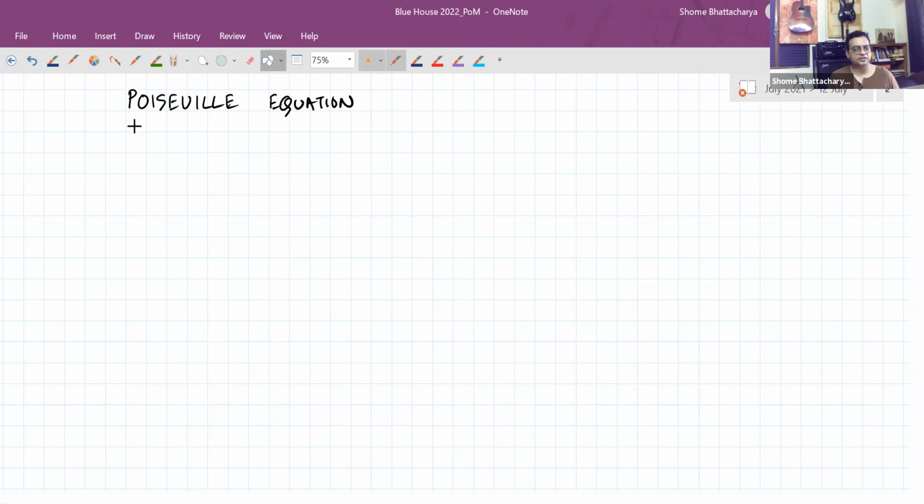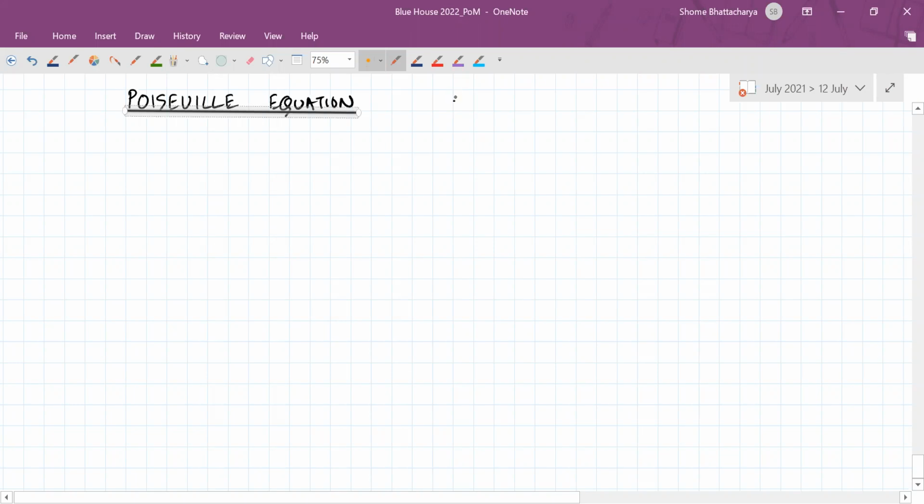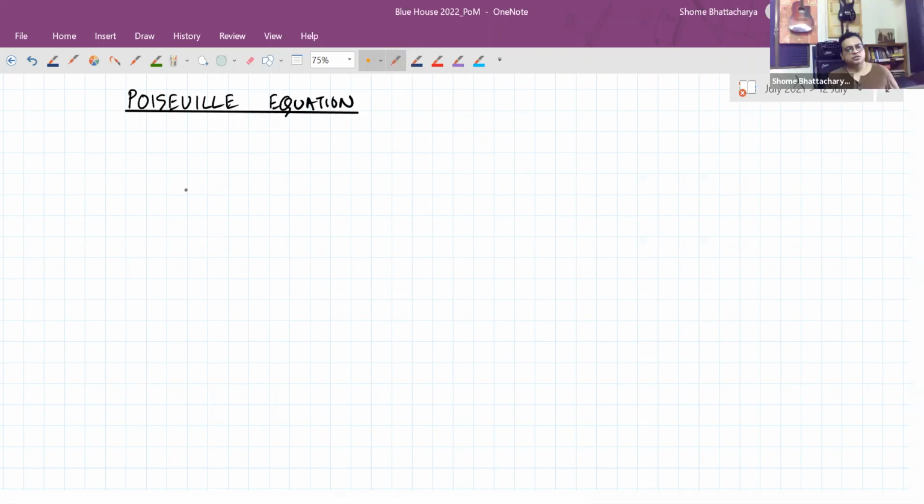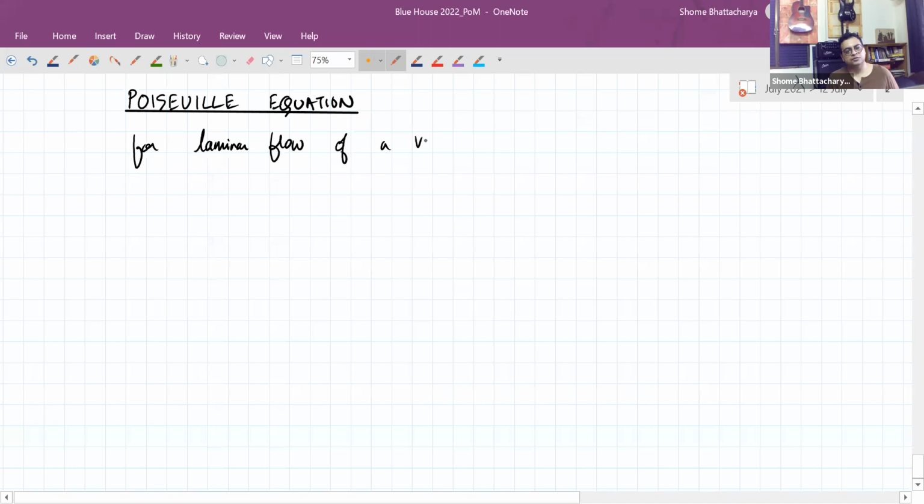You can check later with the textbook. It might be a single L or double L, I'm not sure. So this gives us the equation for laminar flow of a viscous fluid through a cylindrical pipe.